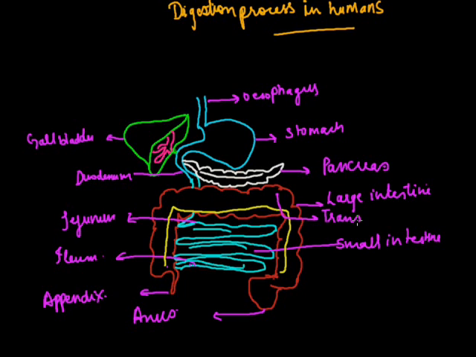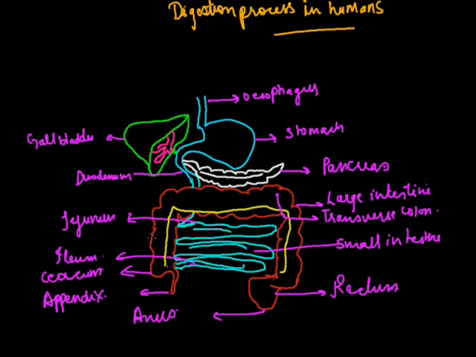This is the rectum portion. And this is the cecum. Cecum is the first or proximal part of the large intestine. This is the ascending colon. And this one is called the descending colon.